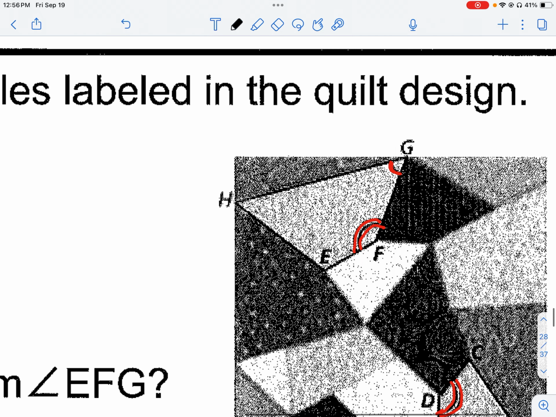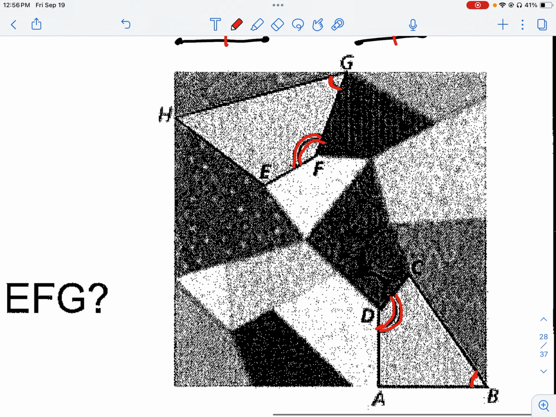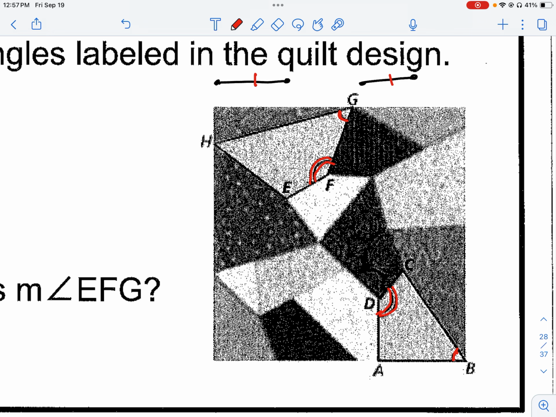If we have a segment here and a segment here, and we have these little dashes, we know that we have congruent segments. Well, those little dashes don't work so well for angles, so we use these arcs. And just like with the segments, 1 goes with 1, 2 goes with 2, so we can see which ones go together.